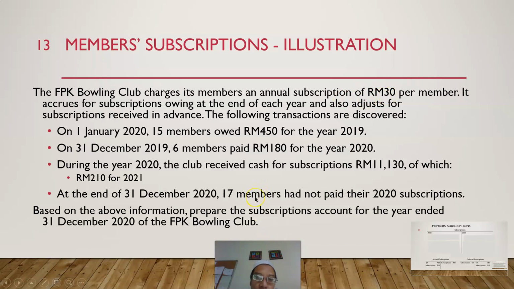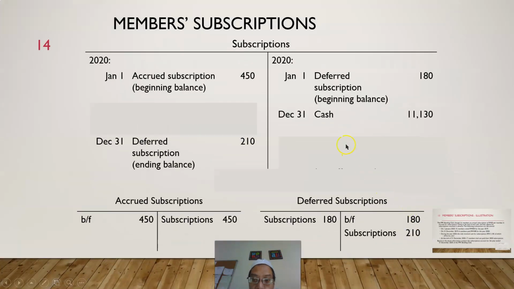So 510 ringgit we have not received from our members, but should be recognized as a current year subscription. Therefore, we need to add that on the credit side of the subscription account in order to increase the amount of subscription that we are recognizing for the current year.